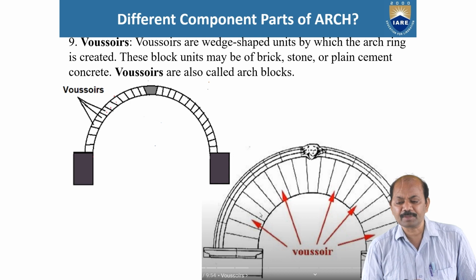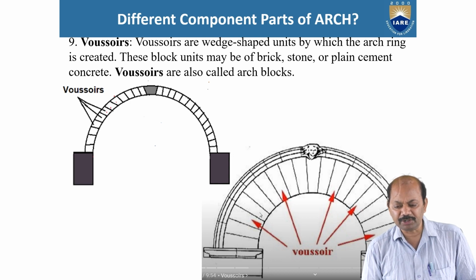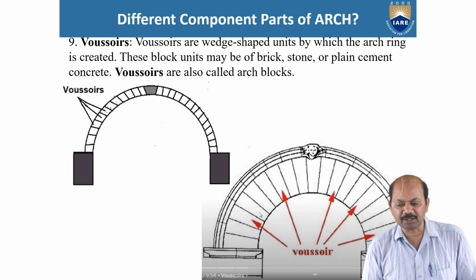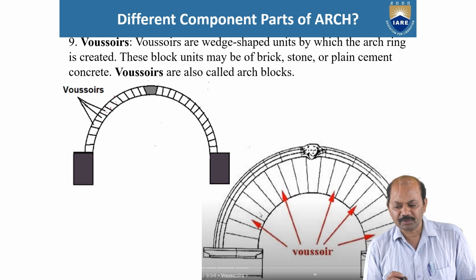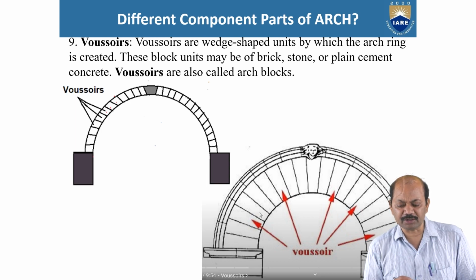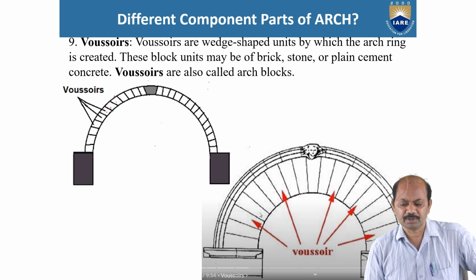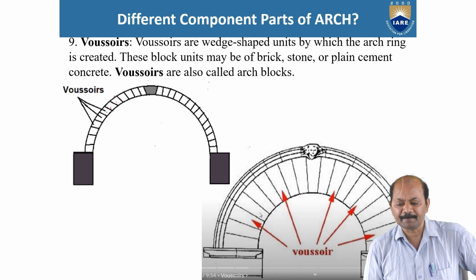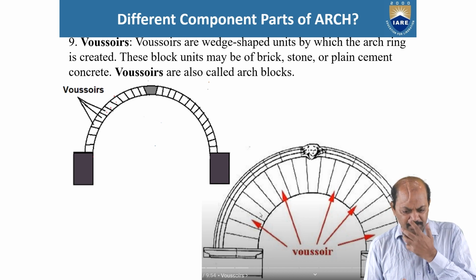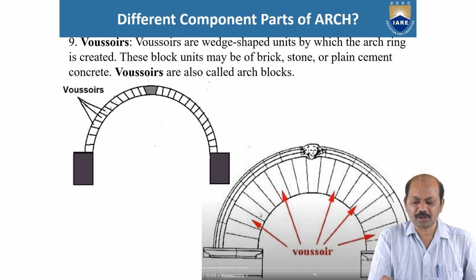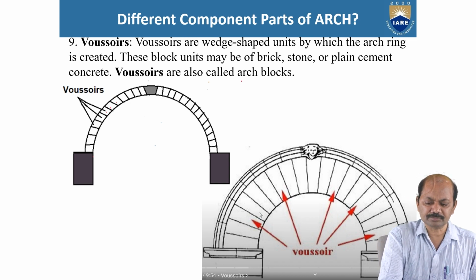Wedge-shaped units by which the arch ring is created. If you observe in any place, you can clearly notice these voussoirs. These block units may be of brick, stone, or plain cement concrete. These are also called arch blocks.